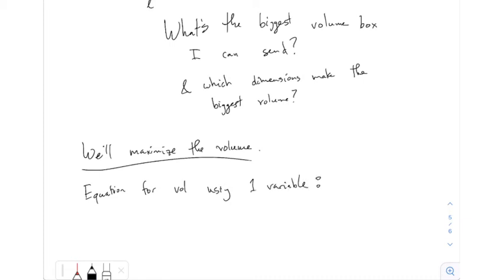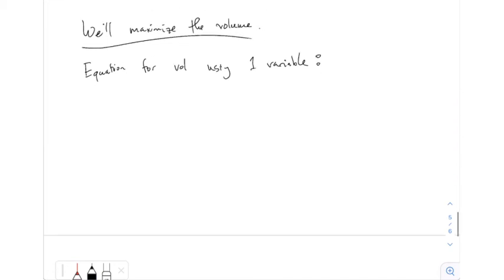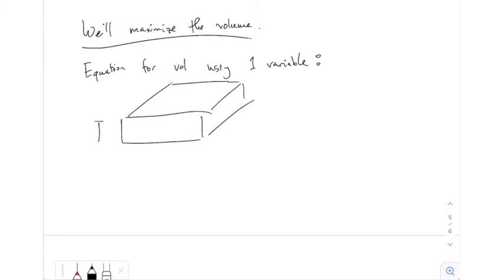In this problem, it's the one variable bit that's a little tricky. I will draw that same picture that I drew before. Only, remember I said the height is going to be 2 inches, so this I will just write as a 2.